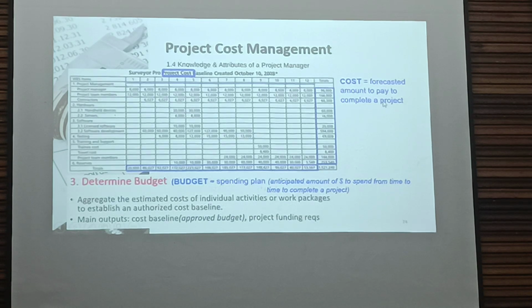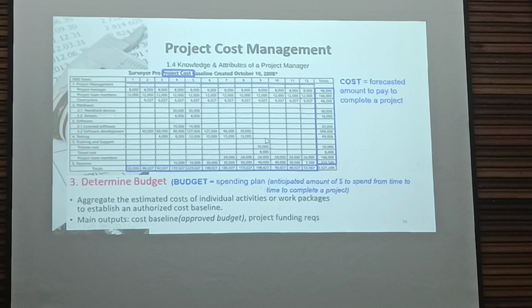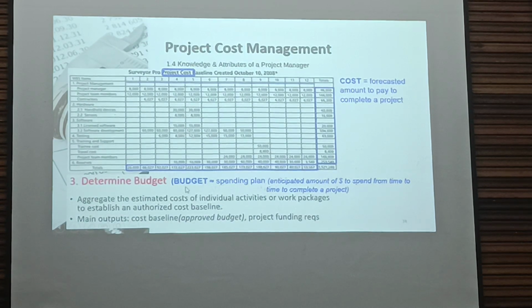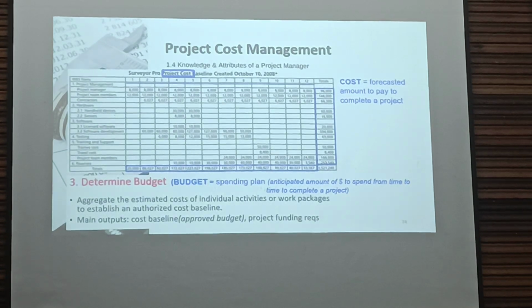So after you determine the cost, then you can plan for budget. You do this first, then only you plan the budget. Budget is a spending plan: the anticipated amount of money to spend from time to time to complete a project.